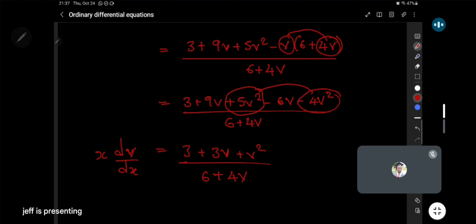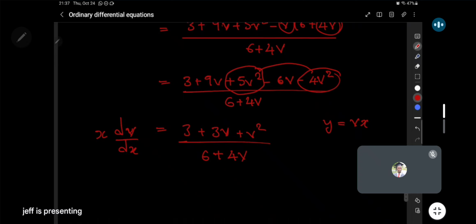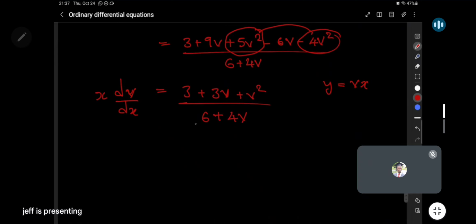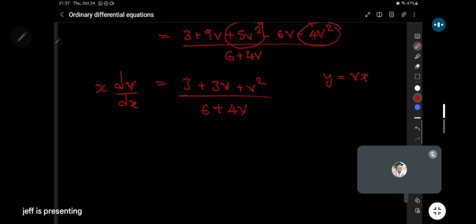As I pointed out, whenever you're utilizing this technique, after substituting y equals vx and its derivative, after simplifying, the resulting expression must be one you can solve using separation of variables. And here, this is such a one. To do that, this must all come to the left side. How will it go?